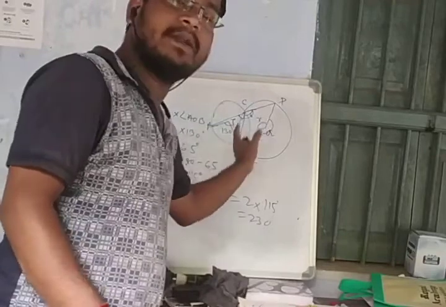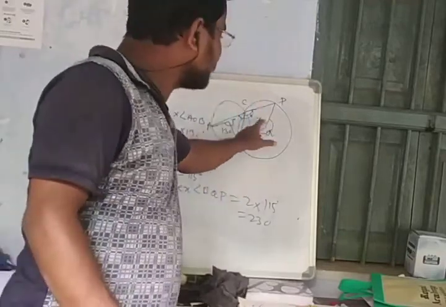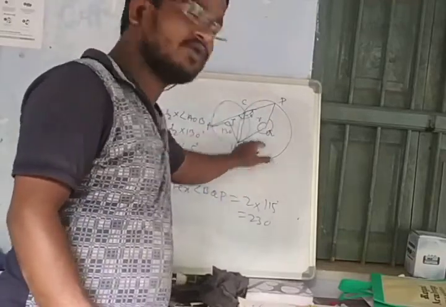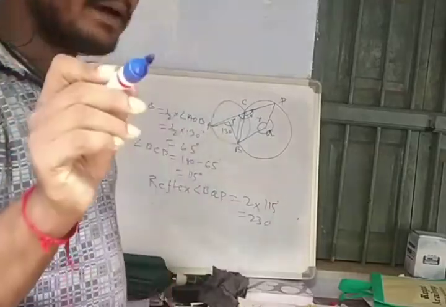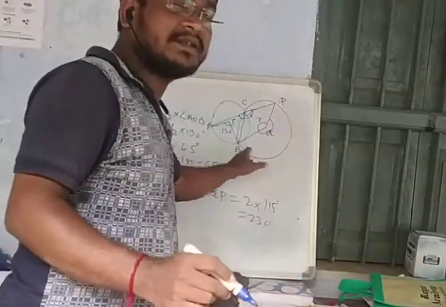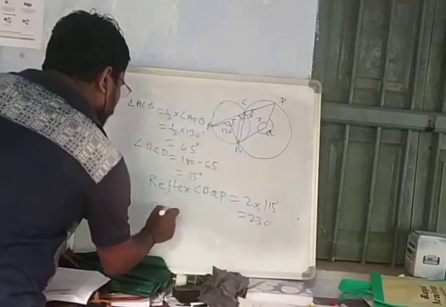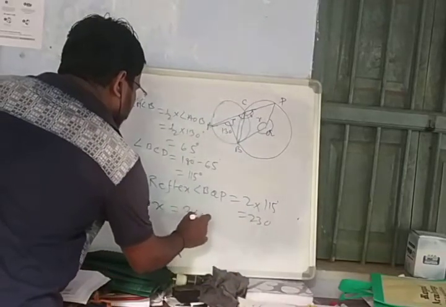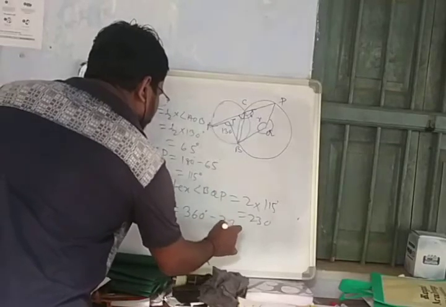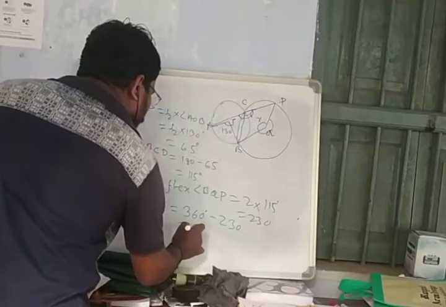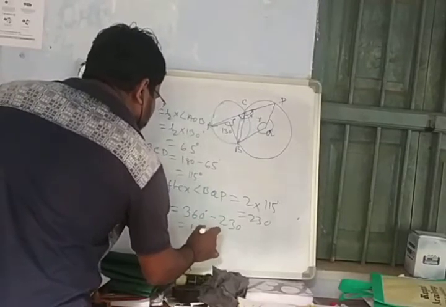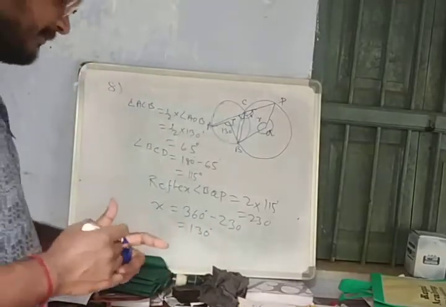Now you have to find the value of x. The total angle around the point, the sum of all angles, equals 360 degrees. Therefore, x equals 360 minus 230, which equals 130 degrees. Okay.